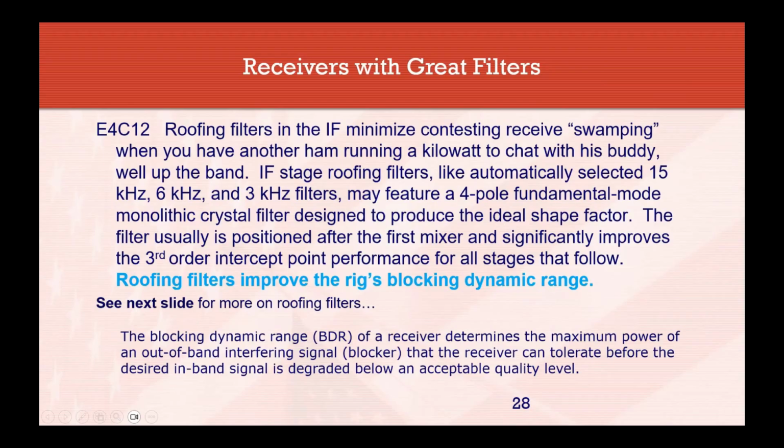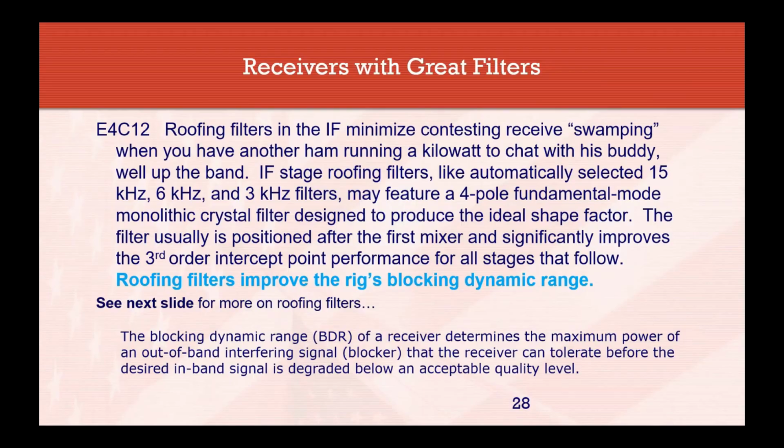Roofing filters in the intermediate frequency circuitry minimize contesting. Now, I don't mean contesting as in a radio contest, but competing maybe would be a better way to say it. Competing receive swamping. When you have another ham that's running a KW to chat with his buddy well up the band, that is, there's a strong signal coming in, the roofing filter will help you filter that out.